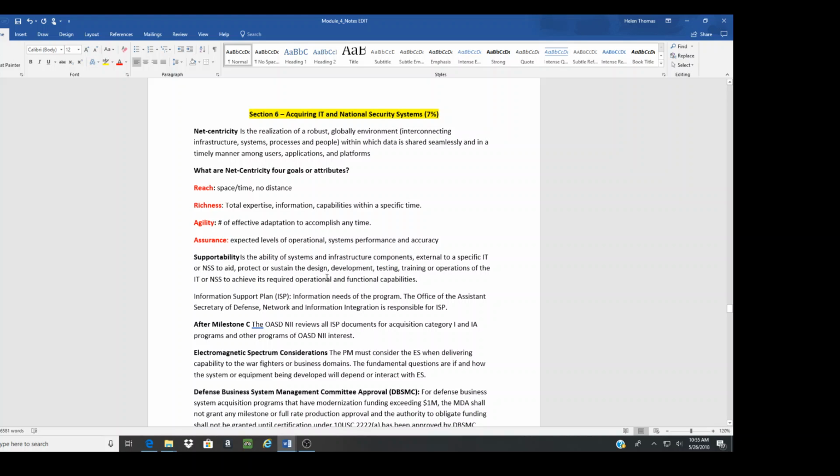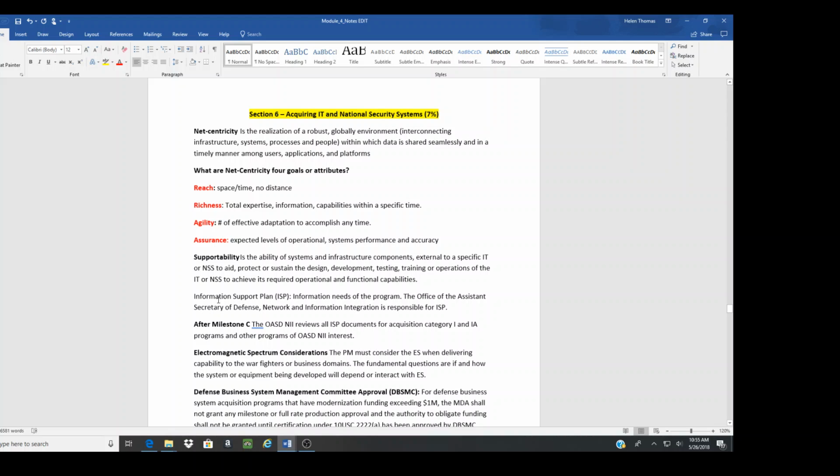So protect or sustain the design. Once we design that item, we want to make sure that the IT realm is secure enough where others can't just get our design. Development, testing, training, and operation of the IT or the national security system to achieve its required operational performance. So we're talking more about security of our information system.